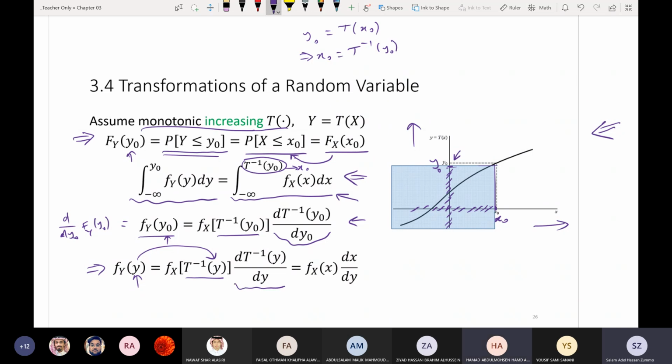Multiplied by the derivative of x with respect to y, which is dx/dy. Or we can write it as f_X of x divided by dy/dx. Or we can write it as f_X at T inverse.